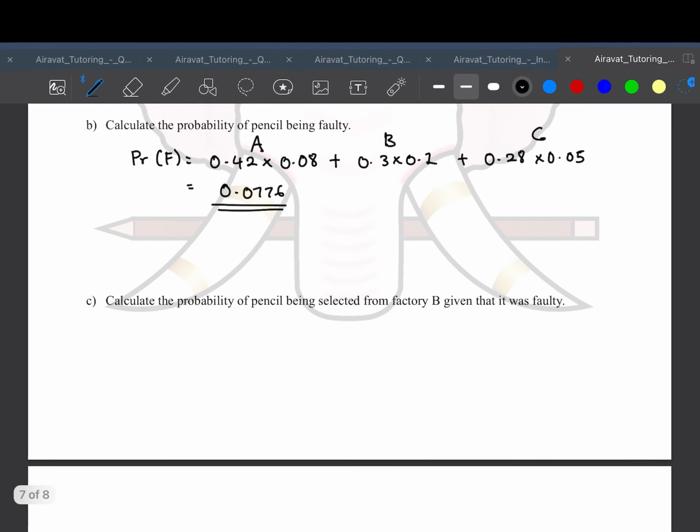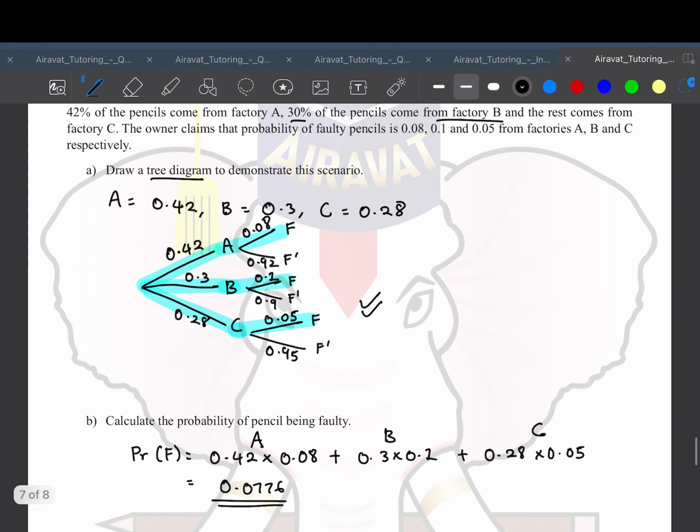Okay, calculate the probability of a pencil being selected from factory B given that it was faulty. So the probability that it is selected from factory B given that it was faulty. Again we will just write the formula: the probability of B intersection faulty divided by the probability of faulty. This term right over here just means this branch right here.